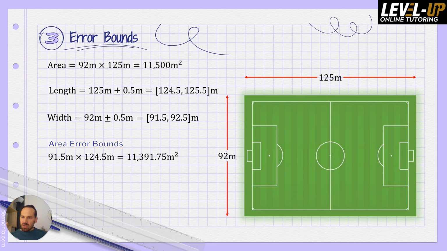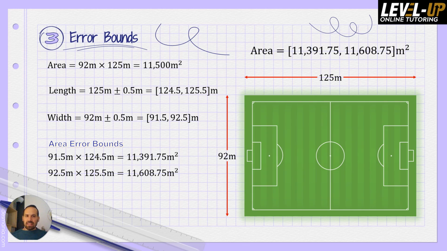If we take the smallest possible width and the smallest possible length and multiply them together, it gets us the smallest possible area, and that would get us this. Then we do the same thing to find the maximum value: we take the maximum length and the maximum width and multiply those together, and that gets us the maximum the area could possibly be. And so now we get this interval for the area.